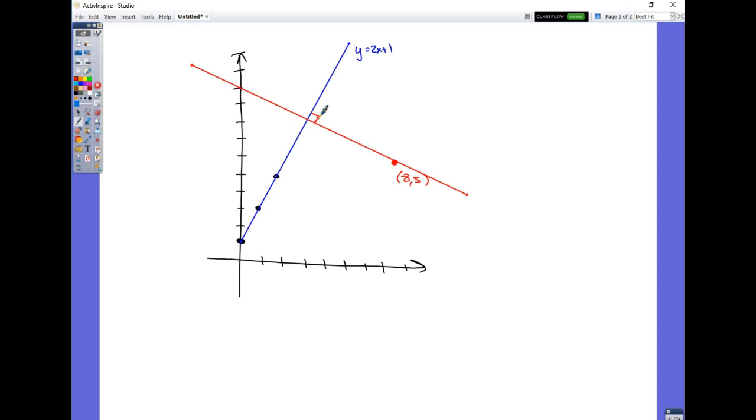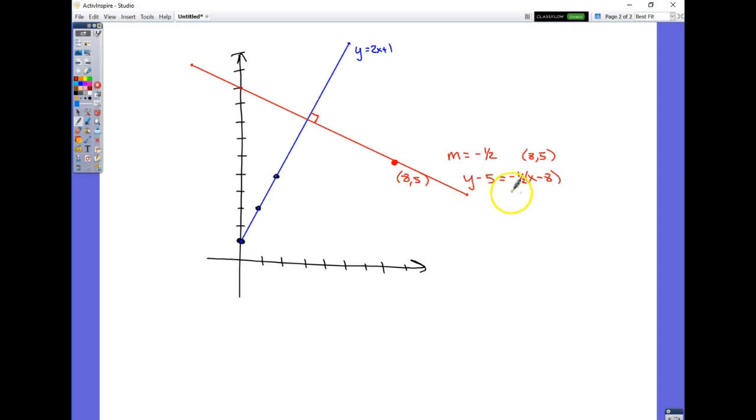So what that means is that if I have a line and a point, all I really need to do is come up with the equation of the red line. Since I know the slope of the blue line is 2, I know that the slope of the red line is -1/2, and I already have an ordered pair 8, 5, so I can use point-slope form. y minus 5 is equal to -1/2 times (x minus 8) to come up with a new equation.